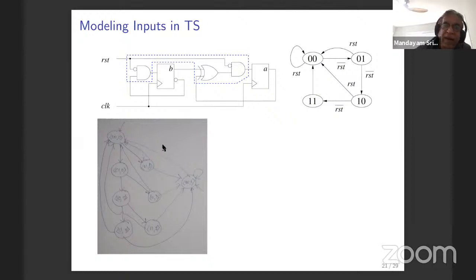I'm just contrasting: sometimes people use a more compact method where you label the transitions. But what I'm saying is that this labeling is not needed. You could include it as part of the state and allow for multiple successor states.